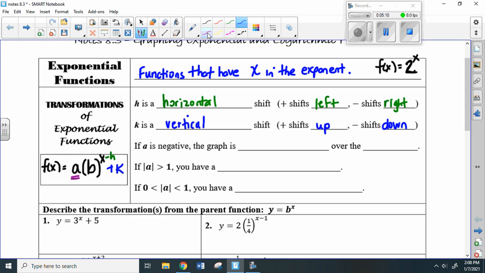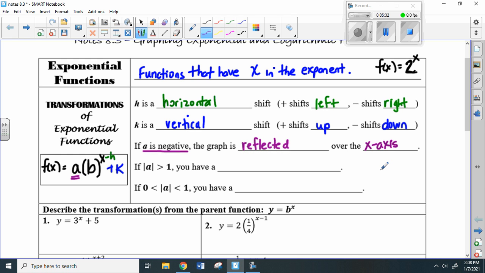Now let's talk about a. Depending on what a is, it could mean more than one transformation. For example, if a is negative, that means the graph is reflected over the x-axis.